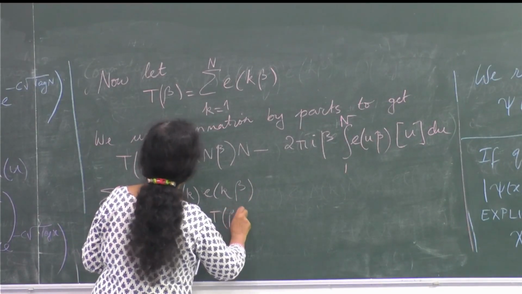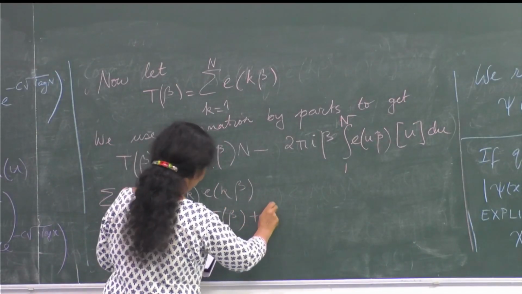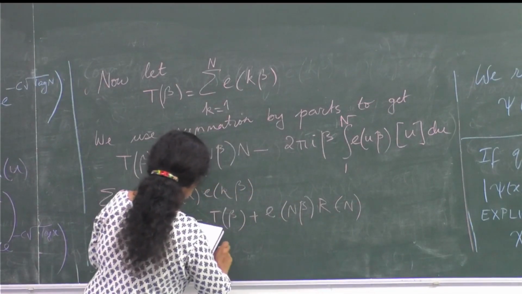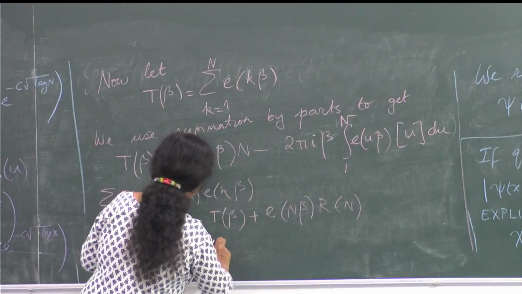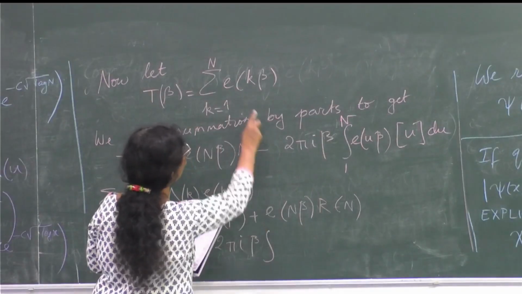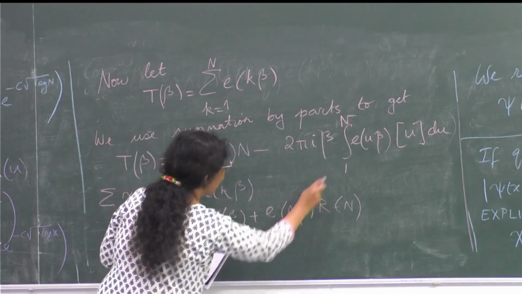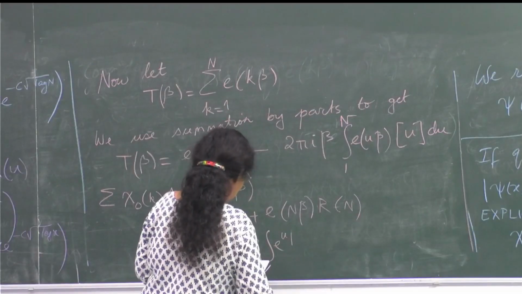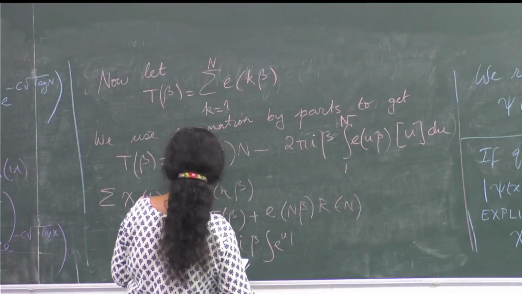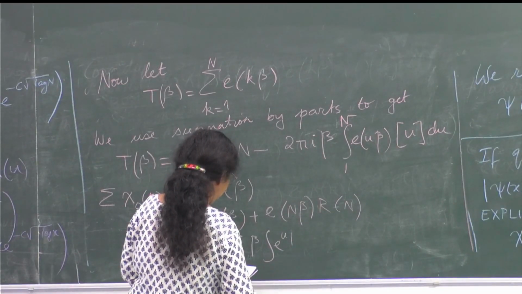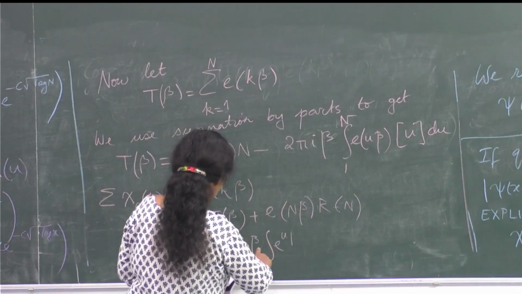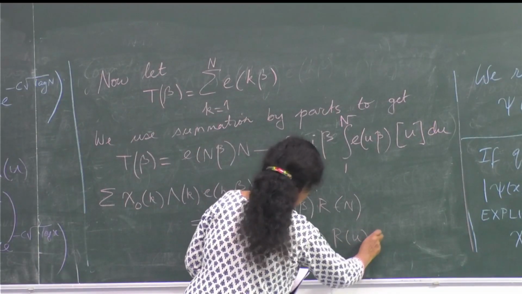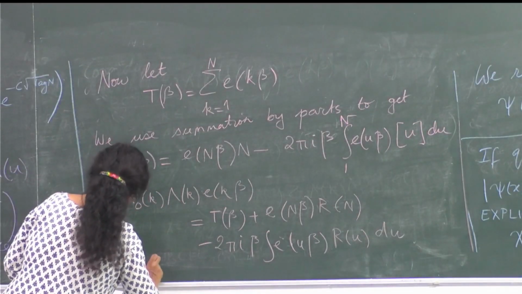This is equal to T of beta, which is just defined here, plus exponential n beta r of n, minus 2 pi i beta times the integral of exponential u beta r of u du.